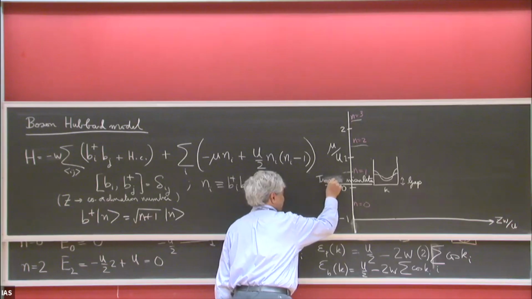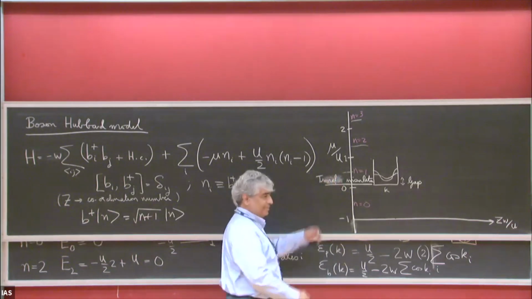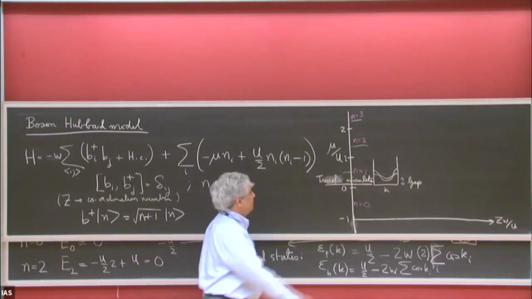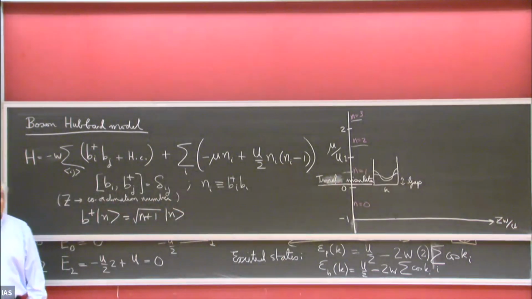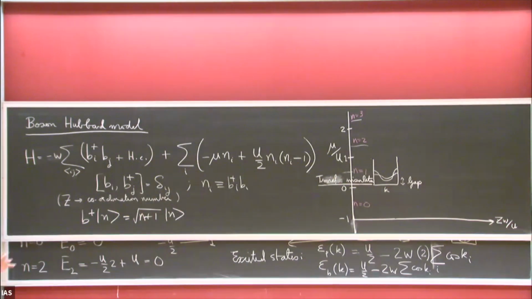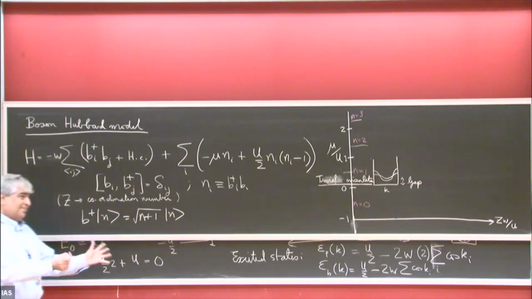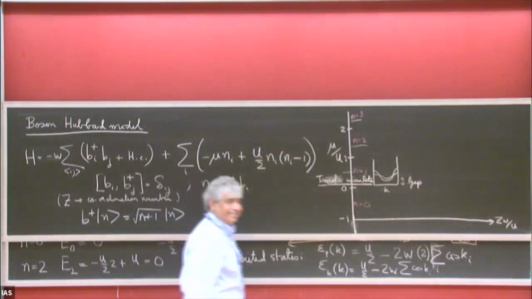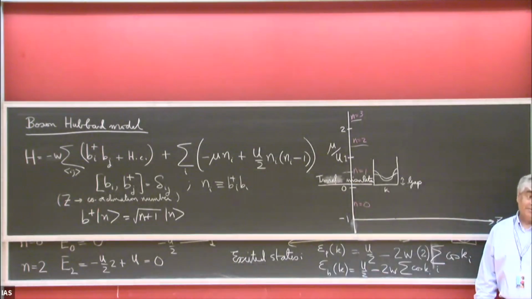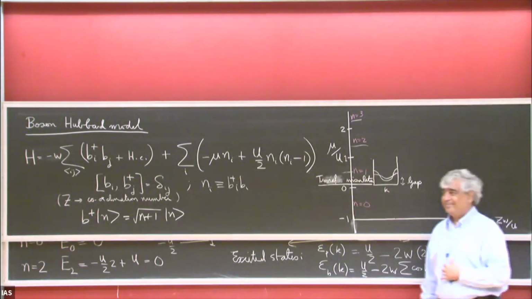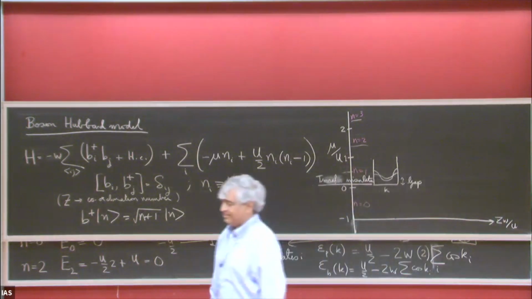Yes. People do call it a Mott insulator, but Mott himself never talked about bosons. Let's just call it a trivial insulator. Thank you. I think we should reserve Mott for electrons because that's all he talked about. So it's a trivial insulator, but you will find papers that call it a Mott insulator. So, okay, that's probably why I made that mistake.